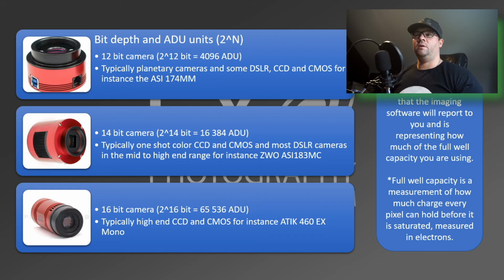A 14-bit camera, usually those are the one-shot color cameras, and most of the DSLR cameras in the mid to high-end range as well, are 14 bits, which translates to 16,000 ADU units. Then we move on to the 16-bit cameras, which can hold the most capacity. They can hold more charge in each pixel, and that translates to 65,000 ADU units.